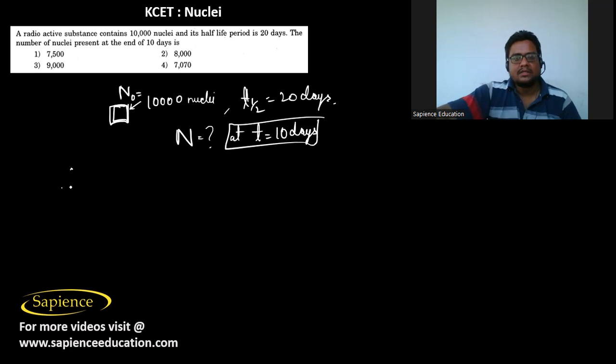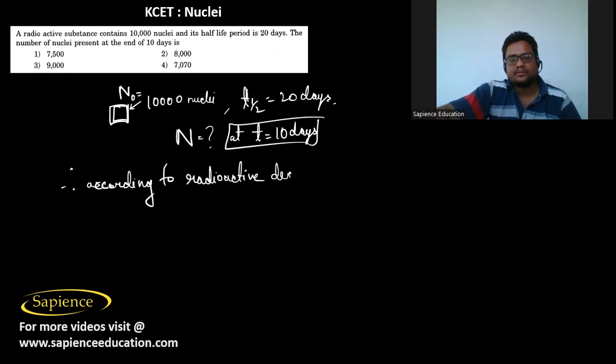Therefore, according to the radioactive decay law, we have N equals N naught e power minus lambda t.